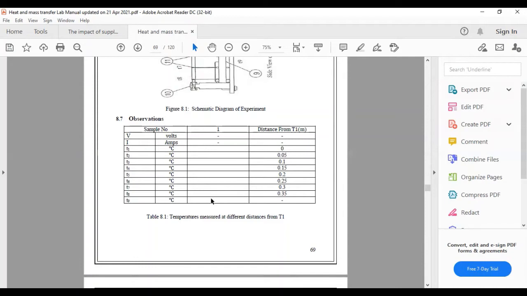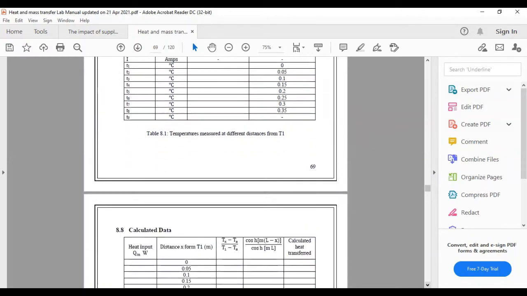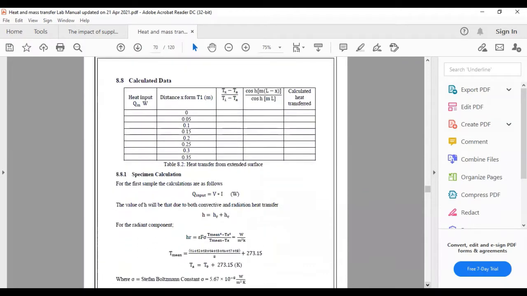So we may use that value, or we may measure it from the experiment as well. Basically we will use all the values of these temperatures to calculate our further readings, and these are all the distances of these sensors from T1.